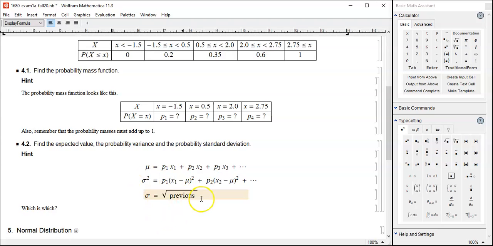What does the standard deviation measure? That means the dispersion. How spread out those data are. So this is the Greek letter sigma. If sigma is really, really small, that means we have some concentration in the middle. And if this is big, that means we have a bigger spread.